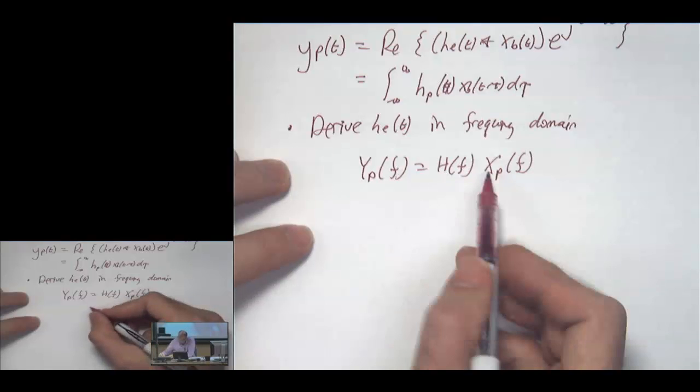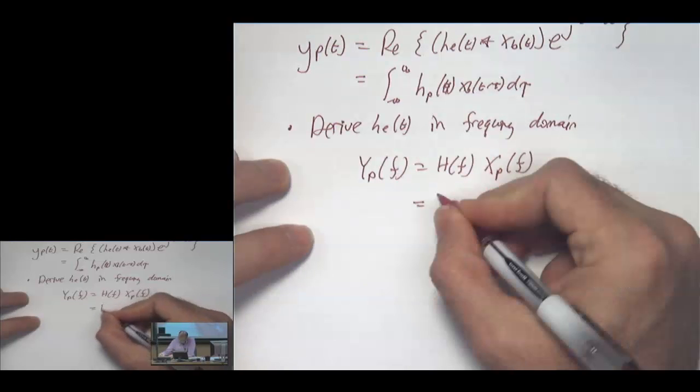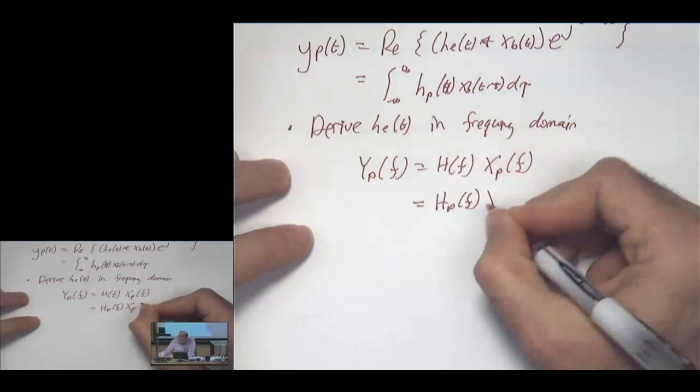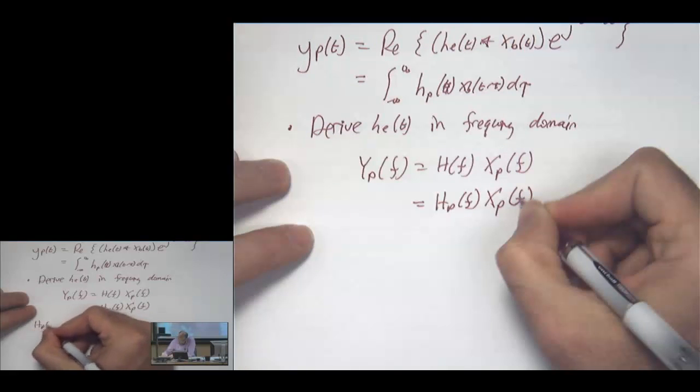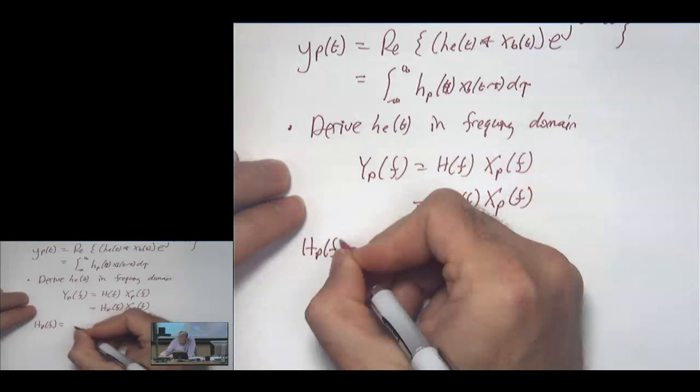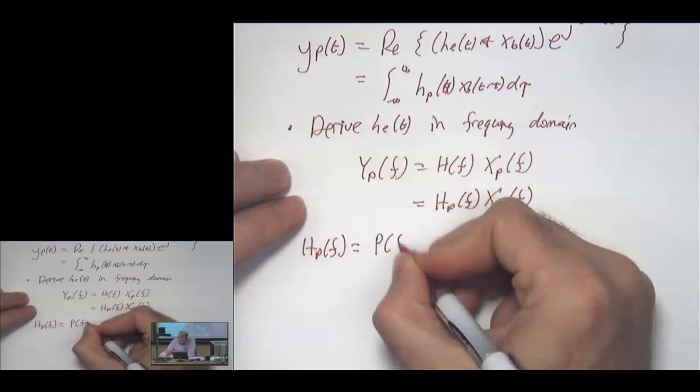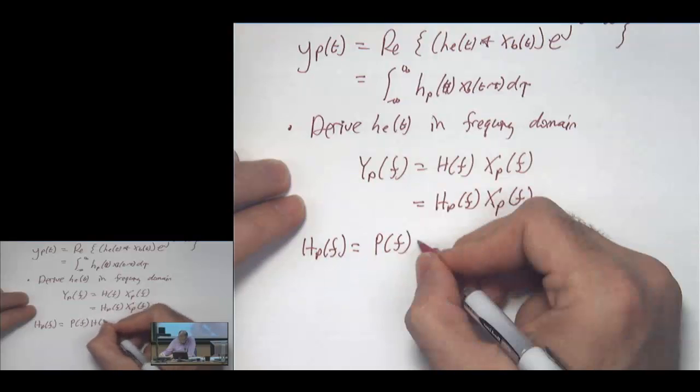And so we can rewrite this as hp of f times xp of f, where hp of f is the product of a passband filter p of f and h of f.